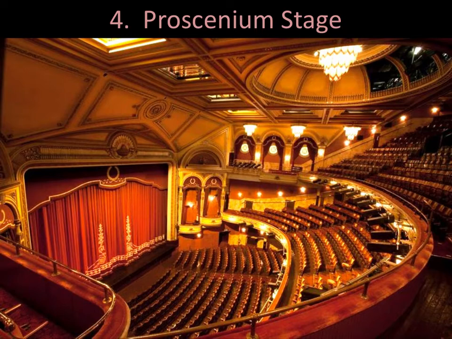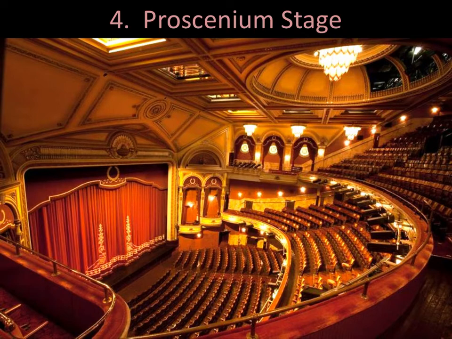And I want to point out in this photograph, the reason why a proscenium stage is called that is because there is a proscenium arch. That is the picture frame that surrounds the actual stage area.